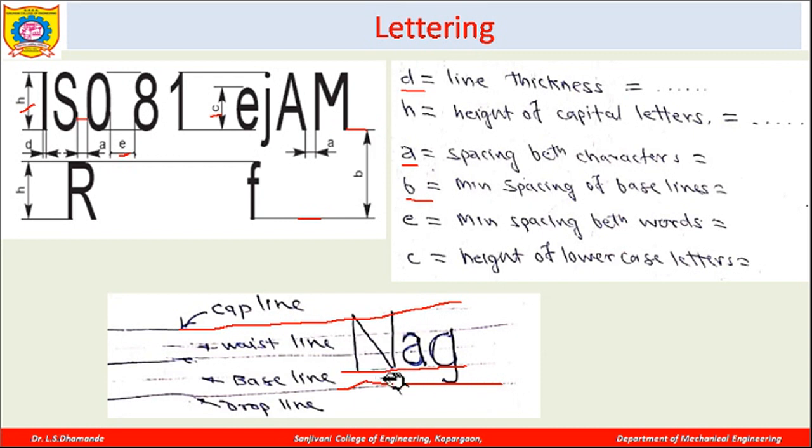Generally the baseline is the line over which the word is constructed. The height of the small letter will be between the waistline and the baseline, where the small letter a will be written. The G is between the baseline and the waistline, and its tail comes down to the drop line. For a capital letter, it will be from the cap line to the baseline.